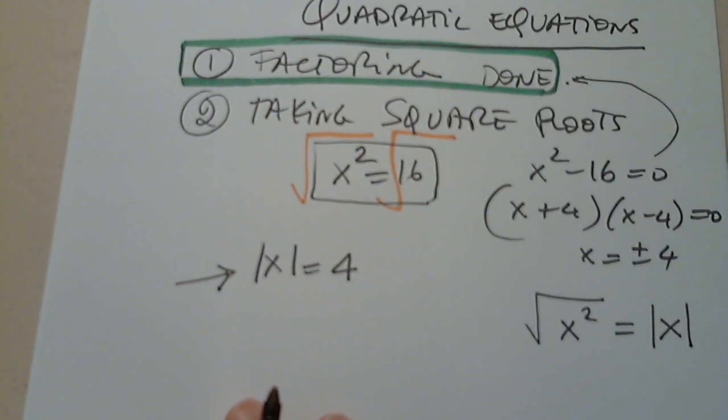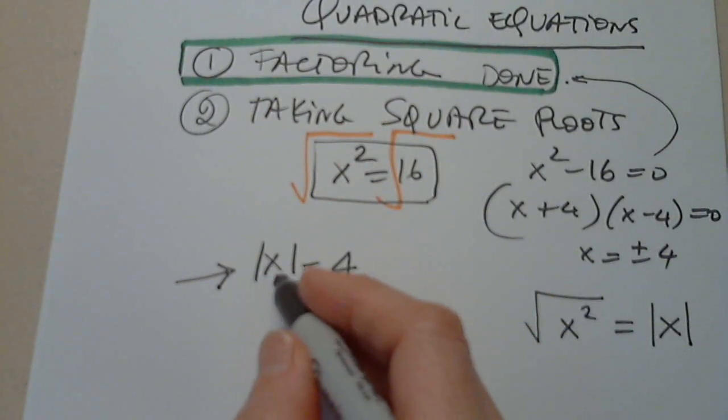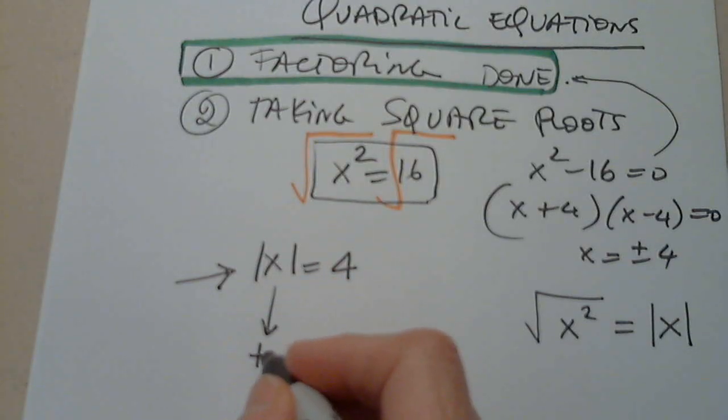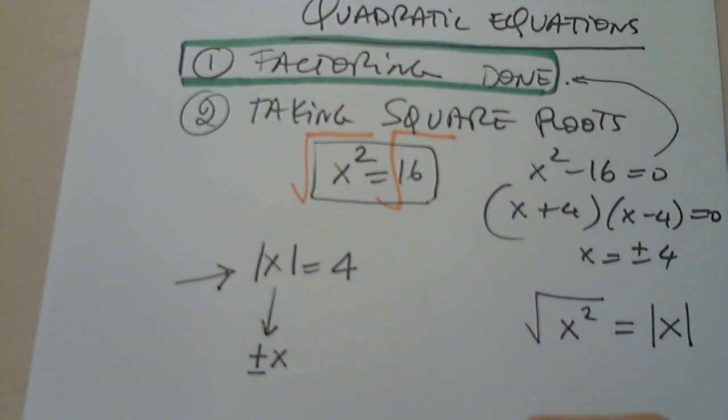Why I'm showing this step to you is because of the plus or minus. So this changes into positive x or negative x, set equal to 4. And then I have to multiply both sides by -1. So that's how I get x equals plus or minus 4.